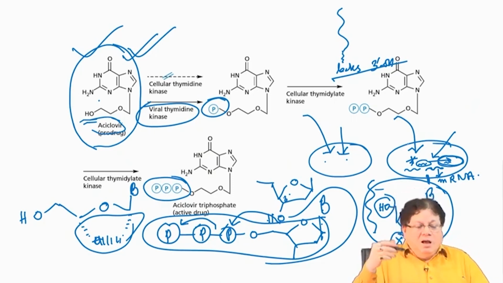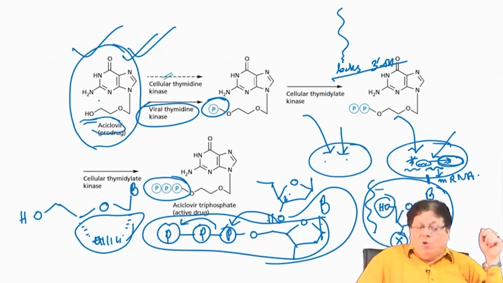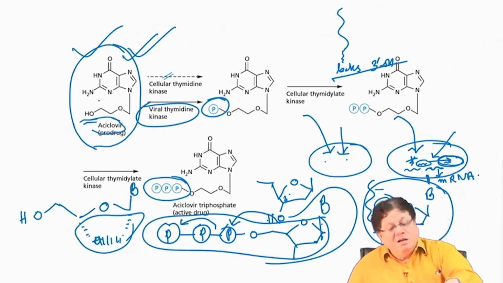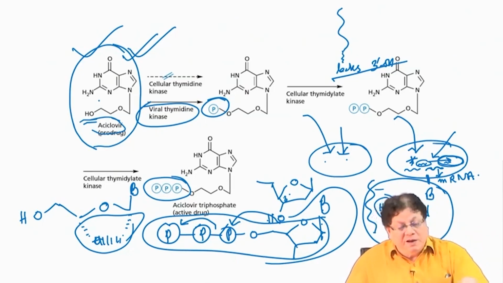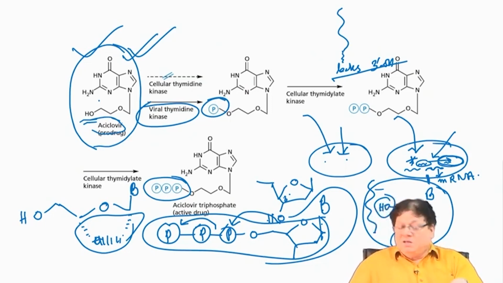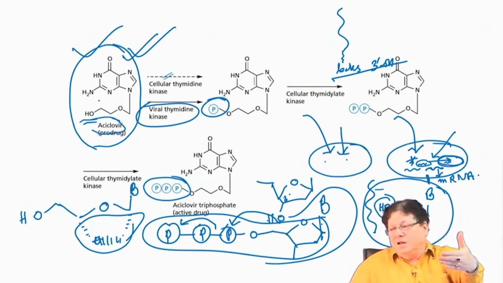Now, there are two mechanisms by which this acyclovir can work. One is that it makes the triphosphate via this process, the viral kinase followed by the host kinase, and then it acts as an inhibitor. It goes and binds to the RNA polymerase and stays there.